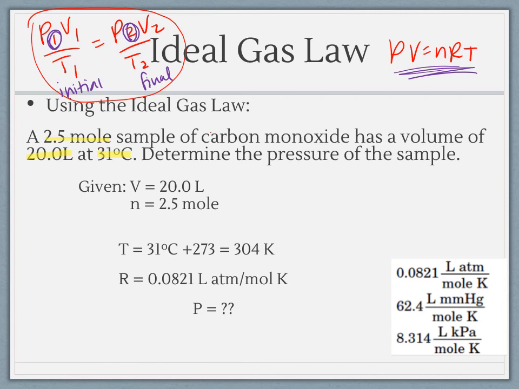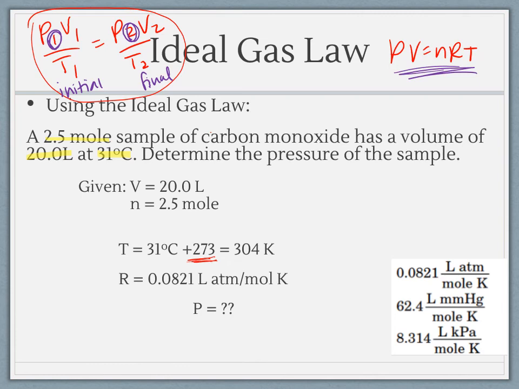All right, so look at what we are given. We are given the volume is 20 liters. The number of moles is 2.5. The temperature was 31 degrees Celsius, so I got to add 273, which is 304 Kelvin. And then I figure out which R to use based on the pressure.